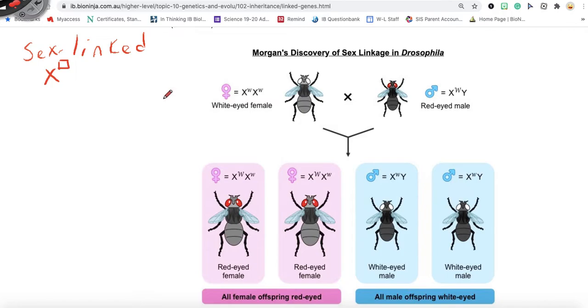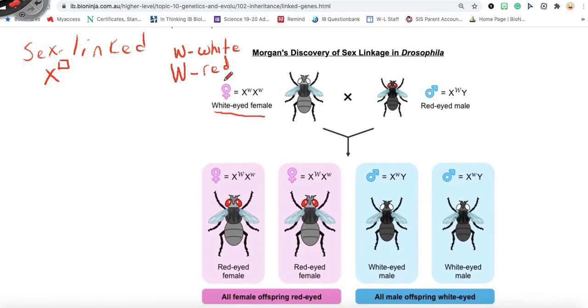So what if you're crossing a white-eyed female, right? And let's say that red is dominant over white. Red is the capital W, sorry about that.